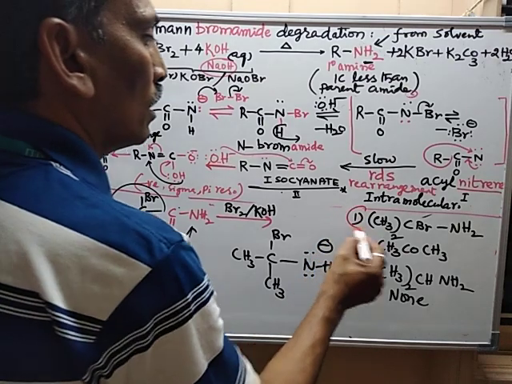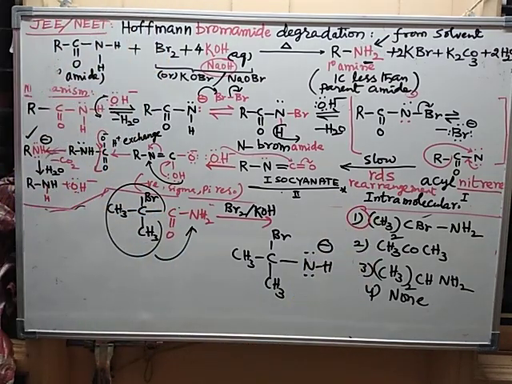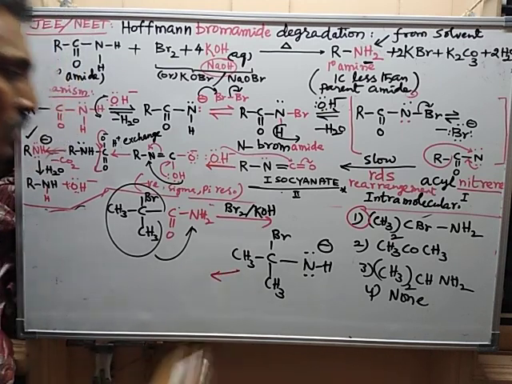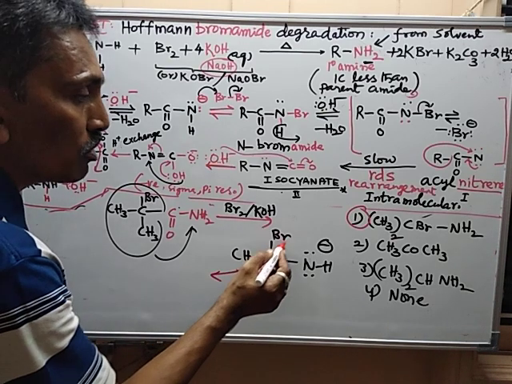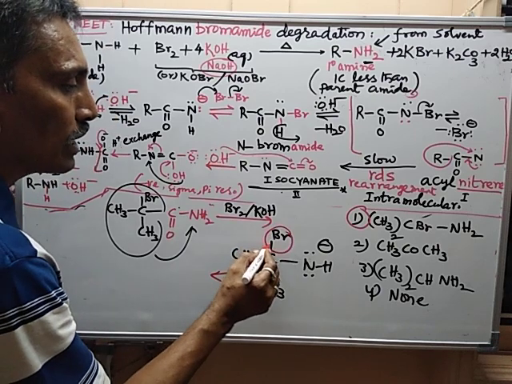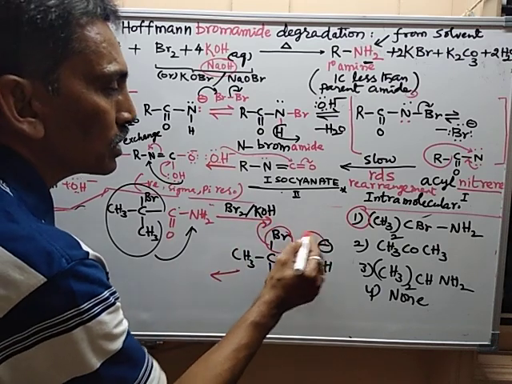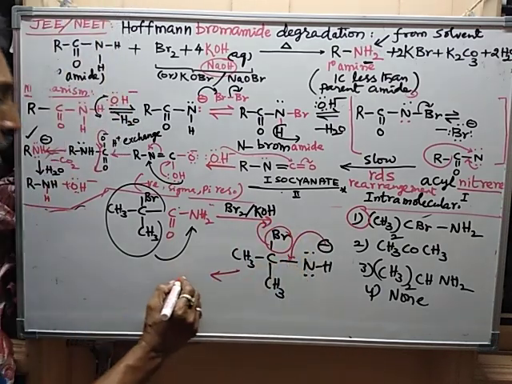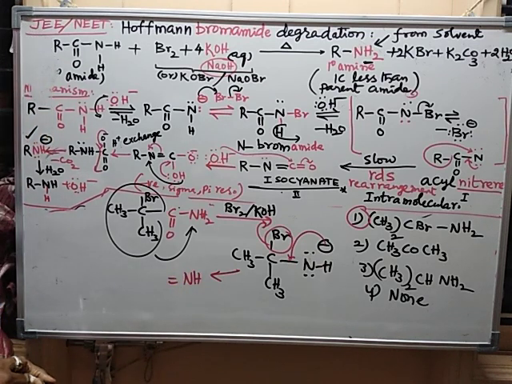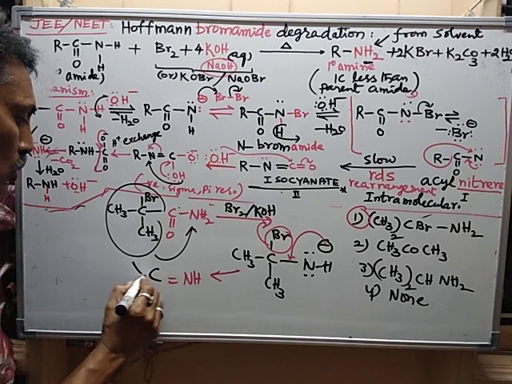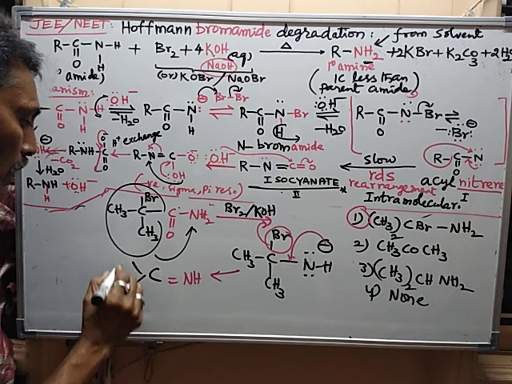Generally, this answer will be selected by many students, but here an amazing thing is happening. Br is a good leaving group and it leaves, and here it is dispersed. Then you will get NH=C with two methyl groups.